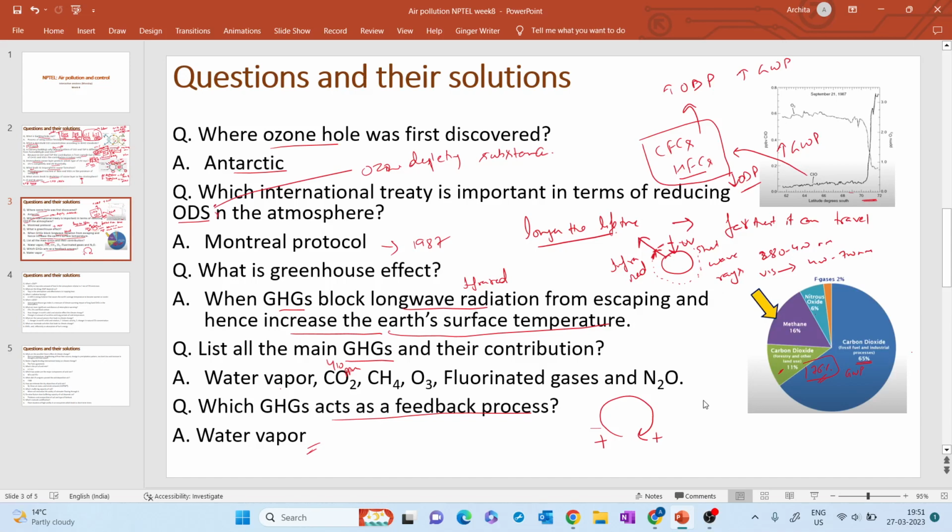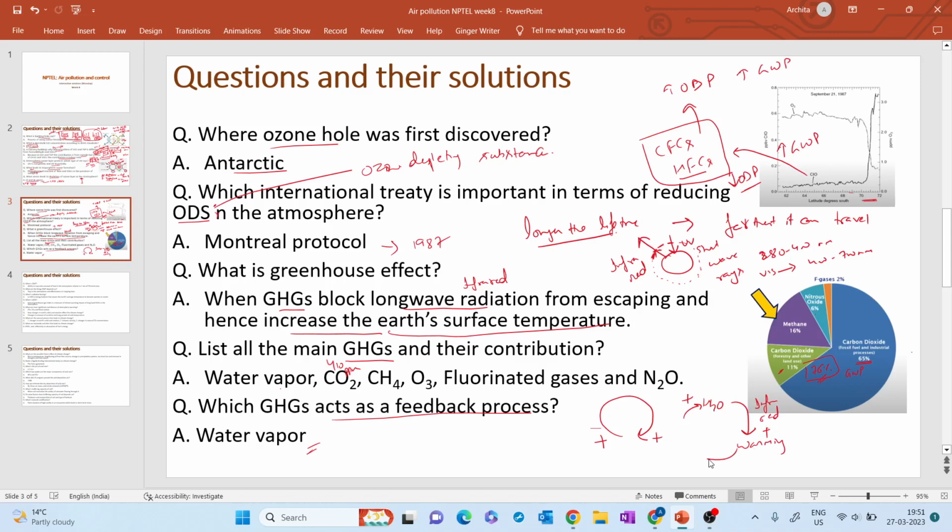Those water vapor, what they are doing is, so high water vapor, so increment, then this water vapor is absorbing the long wave radiation and leads to warming, another increment.